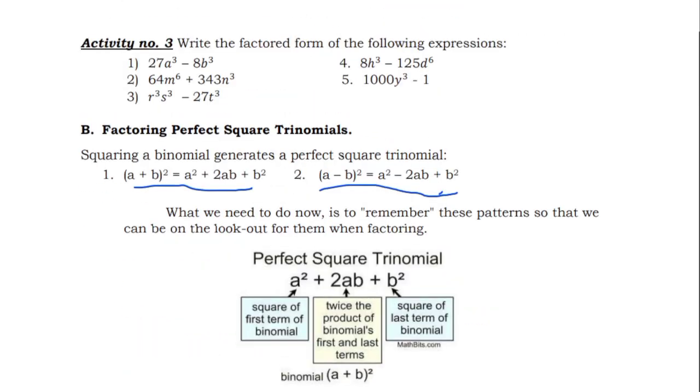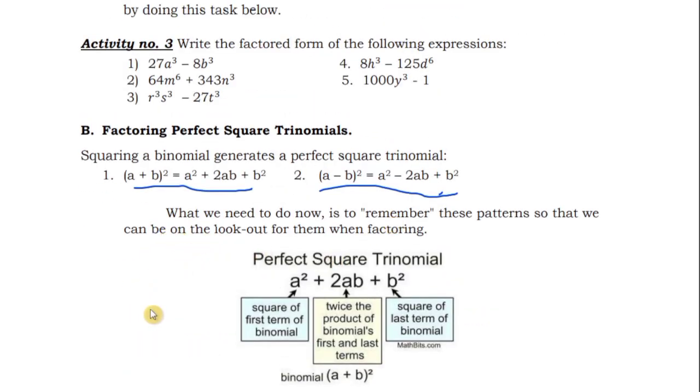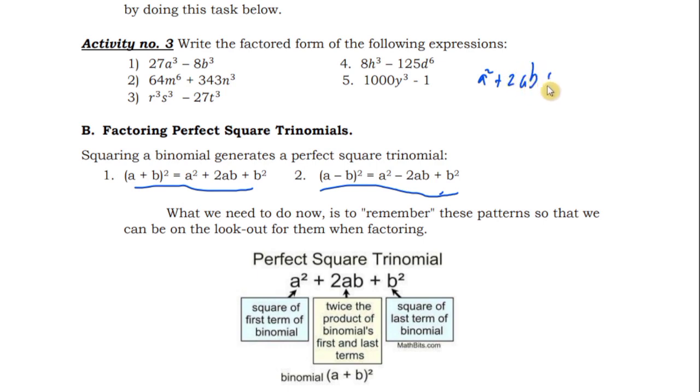So for instance, we have a squared plus 2ab plus b squared is equal to the quantity a plus b quantity squared.